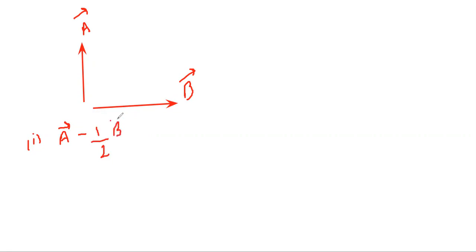So A vector is positive, you won't be changing the direction of A vector. A vector is as it is. Now B vector is negative, so you will reverse the direction, and it's half. So you have to halve this length.